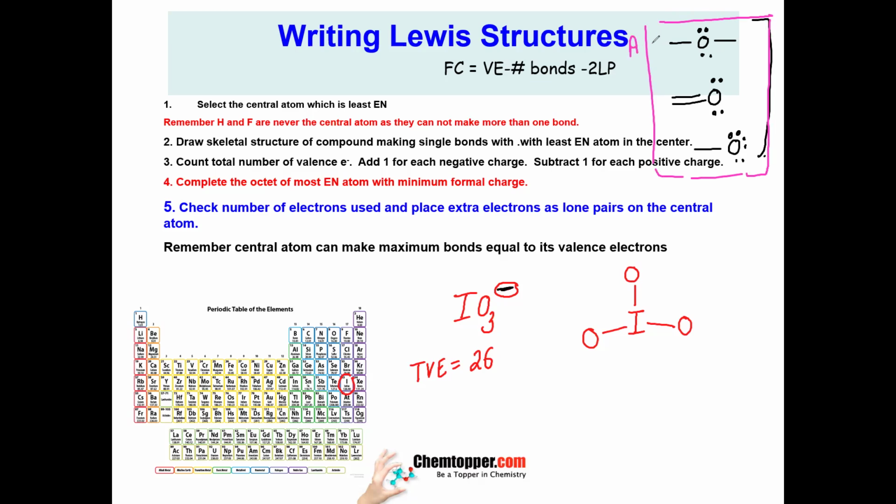What's the formal charge in A? Formal charge, this equation. Sarayu, formal charge in A, 0. This oxygen is always the central oxygen, in the center. What's the formal charge in this?